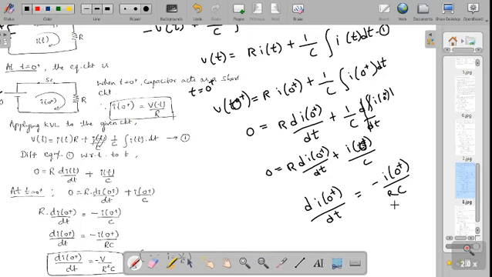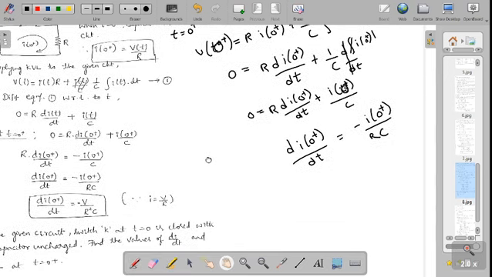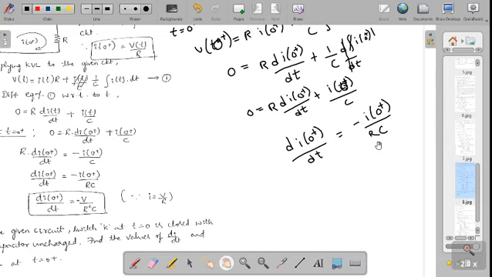This is the equation, and now you know the value for the current at 0 plus, which we derived earlier.